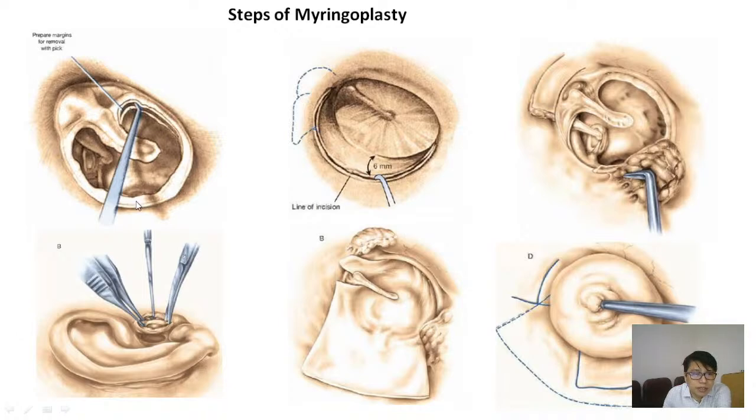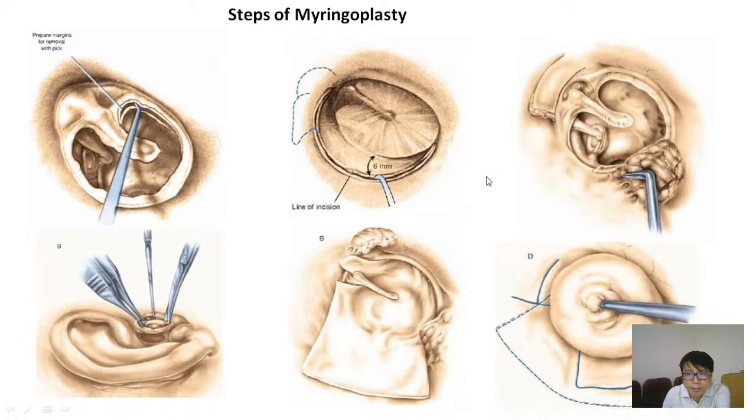Once we freshen the margin and put the graft, the tympanic membrane is going to start growing from the freshened margin. So the graft acts as a scaffold. We elevate the tympanomeatal flap after freshening the margin, and in the inlay we are going to elevate the annulus too, and place the graft under the annulus.